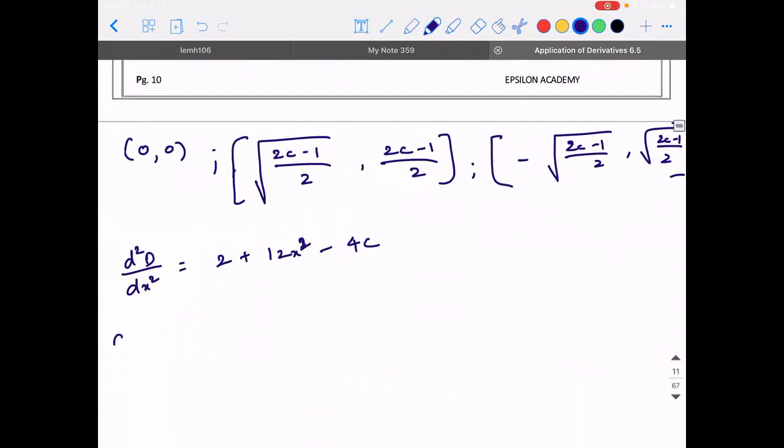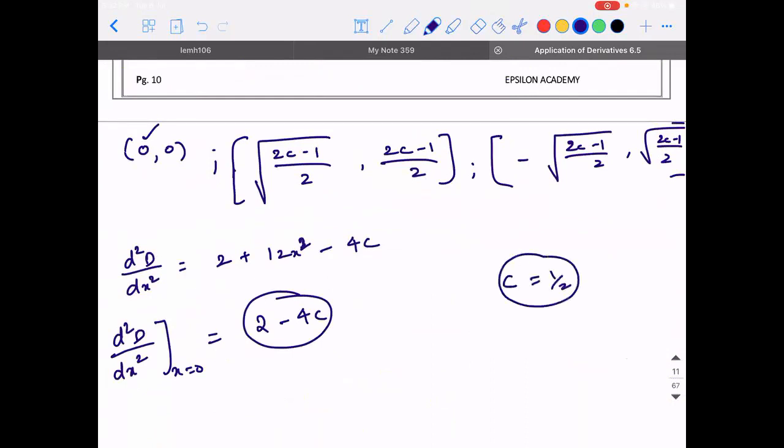So this value at x is equal to 0 is going to be how much? 2 minus 4c. So when c is equal to half, least value, what are we going to get? We are not going to get any point because it will be 2 minus 2, 0. So when c is greater than half, suppose c is equal to 1, this value will be less than 0. Means at x is equal to 0, you're going to get the maximum value.